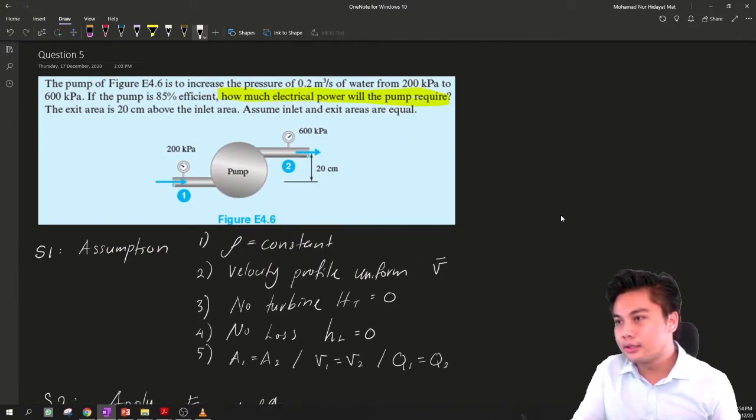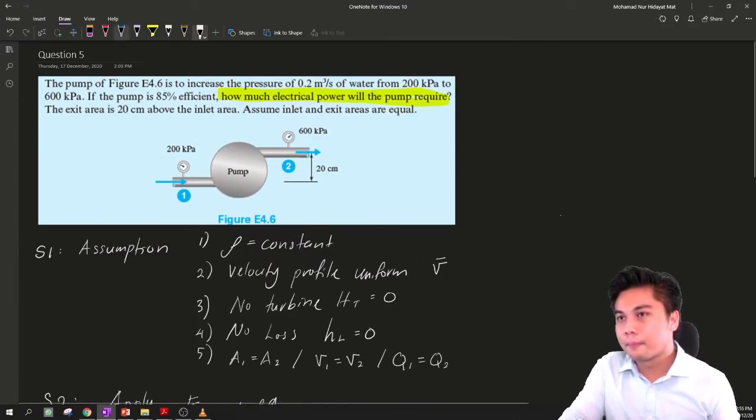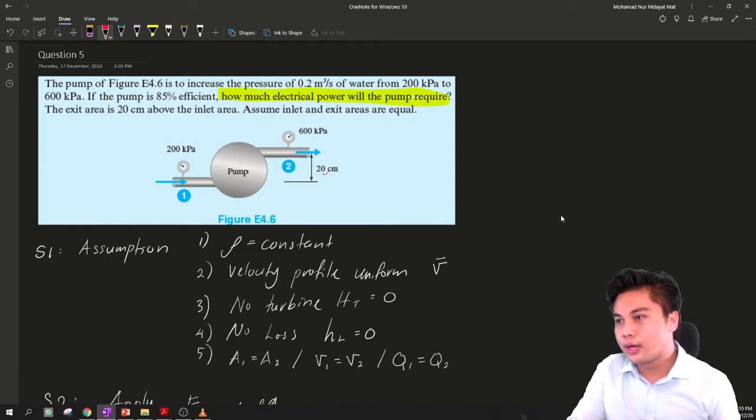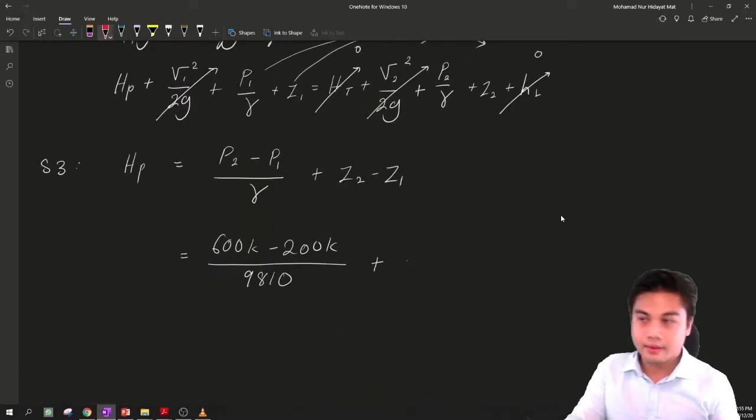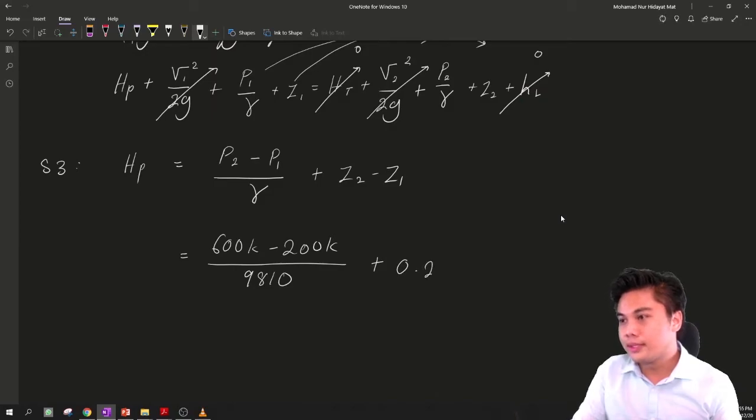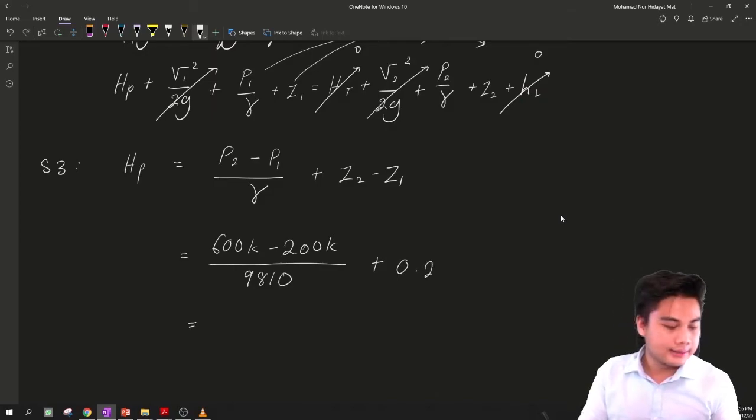Convert to meter, it becomes 0.2 meter. The final answer should be 41 meter.